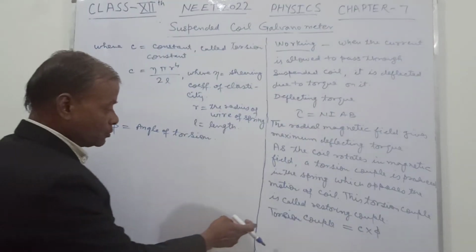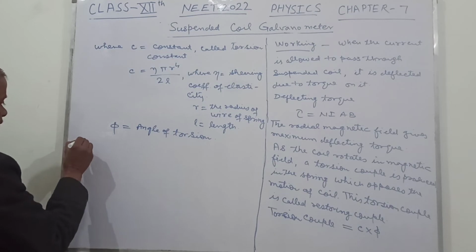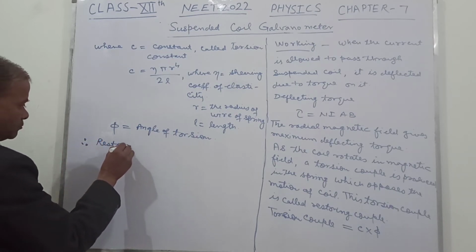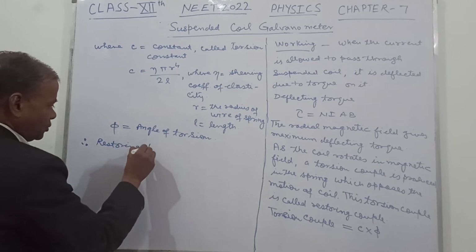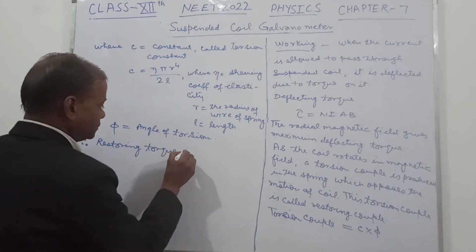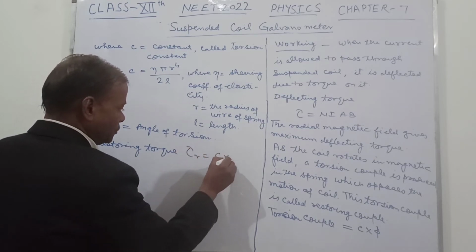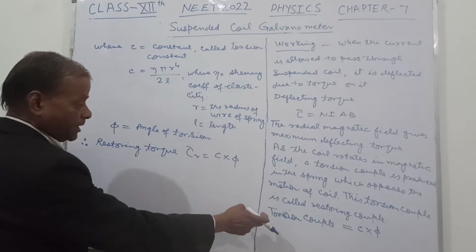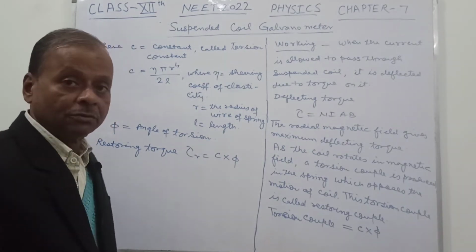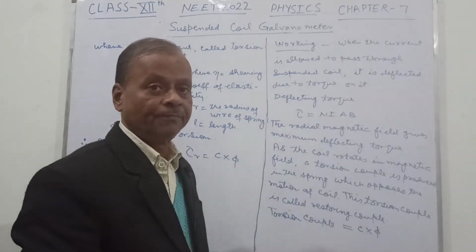So this is called the restoring torque. Therefore the restoring torque, T_R, is equal to C into phi. So whatever the torsion couple acts, that gives the torsion torque, and this torsion torque opposes this deflecting torque.